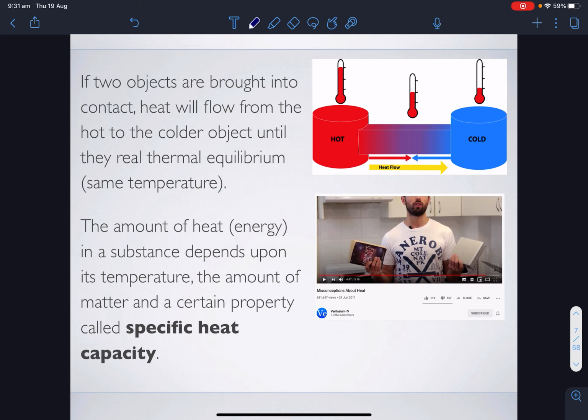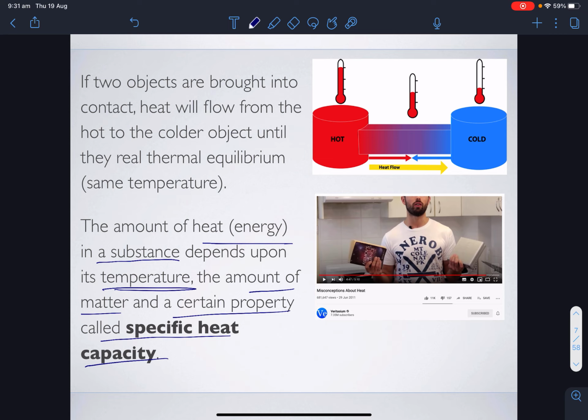The amount of heat energy in a substance depends upon its temperature, the amount of matter it is, and also a certain other property that we call the specific heat capacity. So you can have the same amount of energy in two objects, but they feel different temperatures because one is bigger than the other.